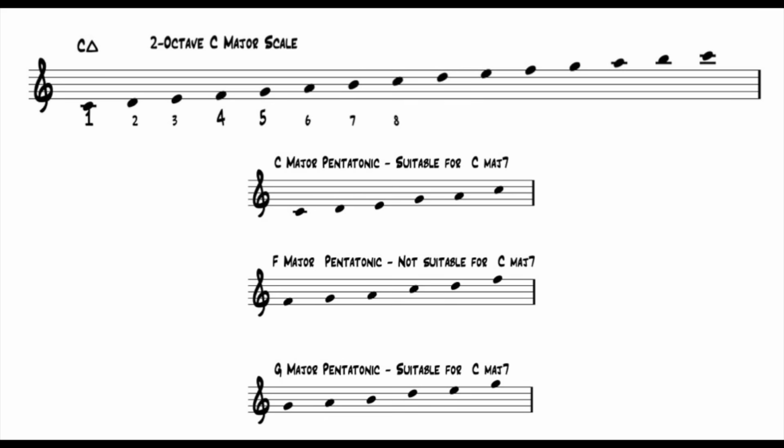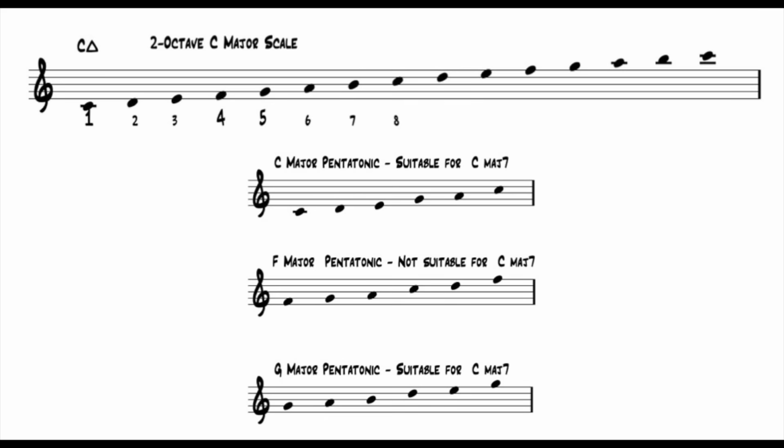The F major pentatonic, you can see we start on the 4th step of the C major scale, and we find the tones F, G, A. It's a major second from F to G. It's a major third from F to A. It's a perfect fifth from F to C, and a major sixth from F to D. So we find the F major pentatonic.